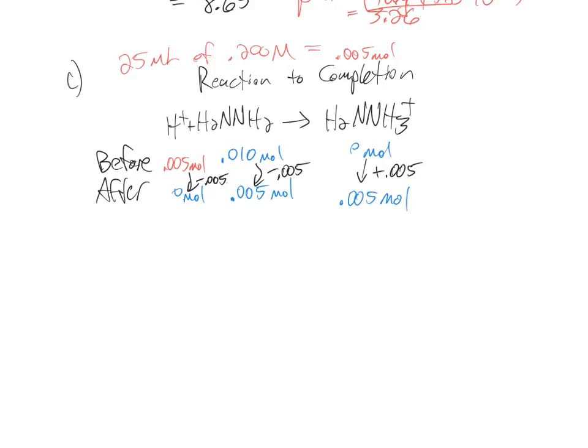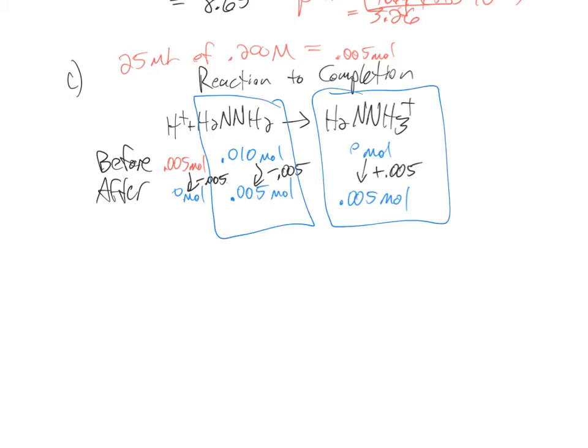Here's an interesting situation. We've got equal numbers of moles of both the weak acid and its conjugate base after the reaction to completion. This is the halfway point of the titration. We can still use Henderson-Hasselbalch here, but as we'll see, the pH is going to work out to be the pKa of the acid.